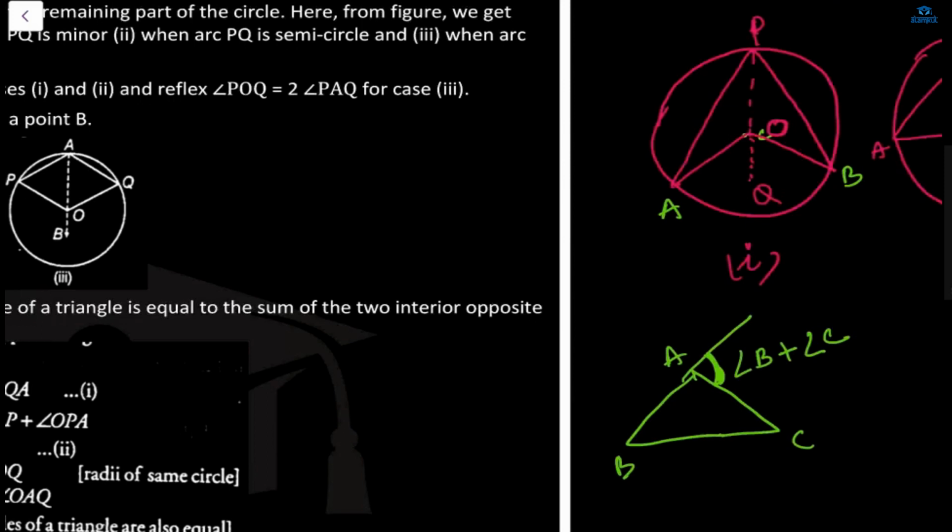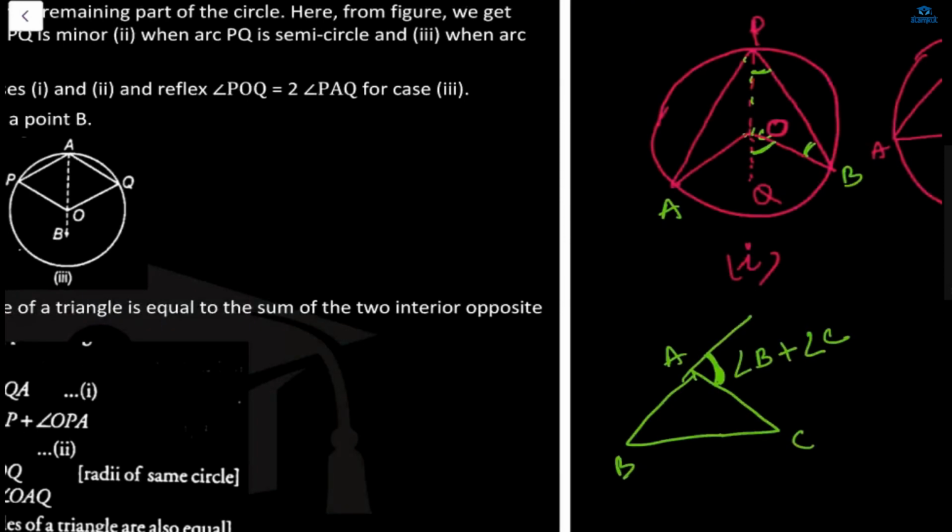We are going to apply the same concept here. In this triangle OPB, this angle is equal to this angle plus this angle. I have joined PO and extended it to Q.